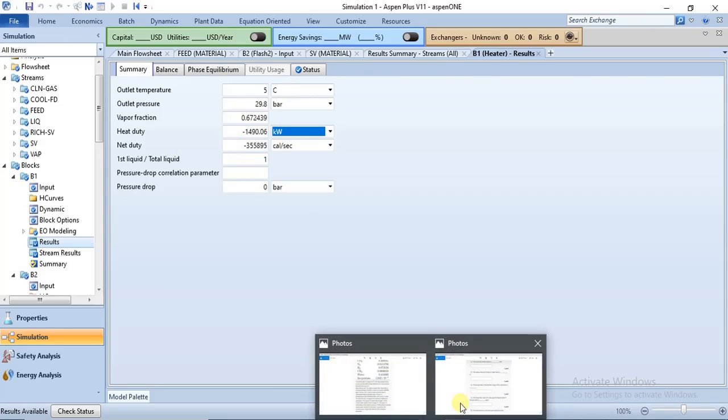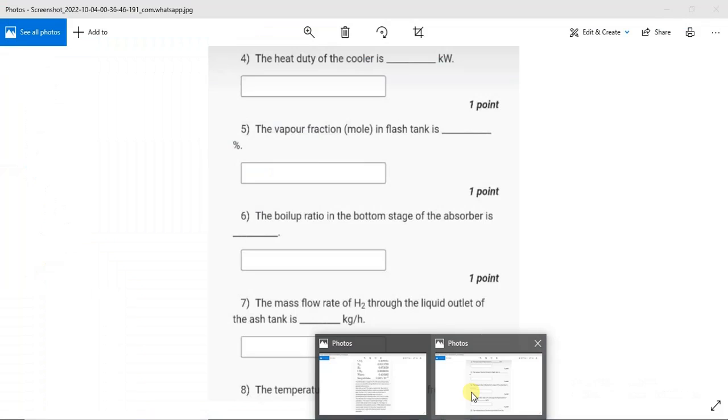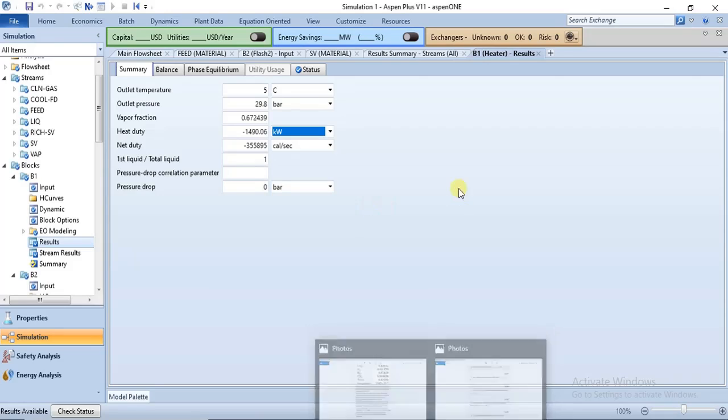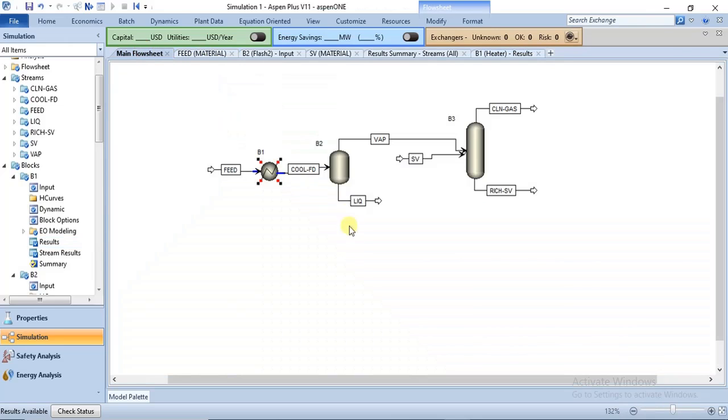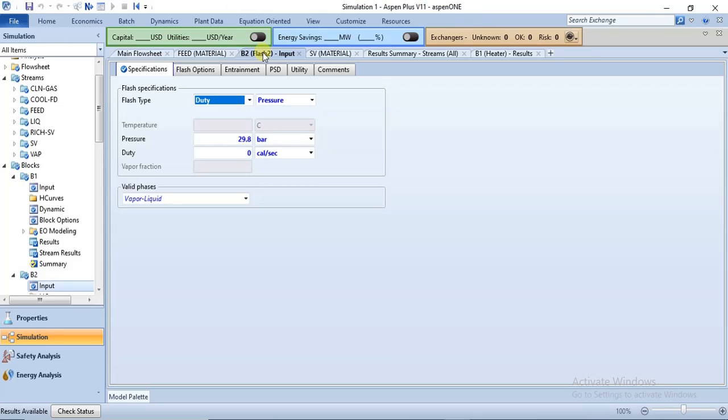Then the second one says the vapor fraction in the flash tank. Let's go to the flash tank. The flash tank is B2, which is already in the tabs.